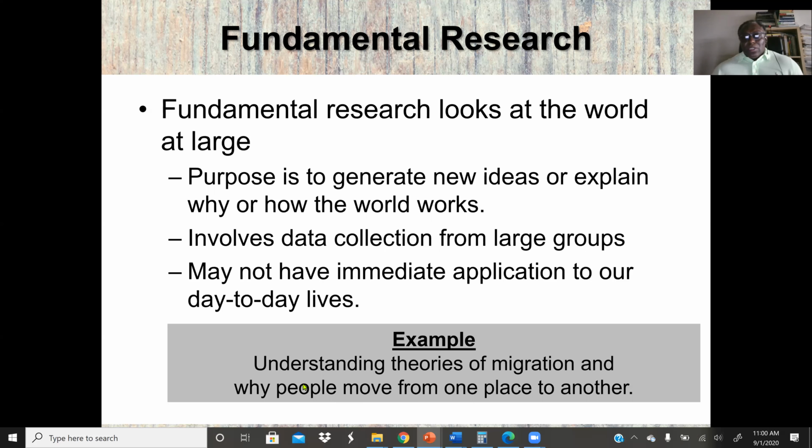An example here is understanding theories of migration and why people move from one place to another. For example, we may say there is a lot of migration from one location to another. Applied research may give a very simple answer: the reason why there's so much migration from one country to another is two things, politics and economics.